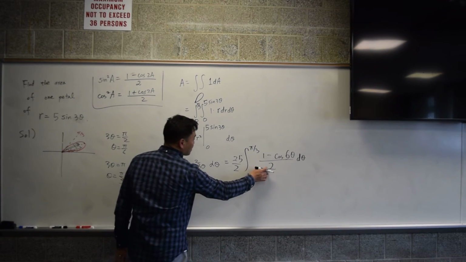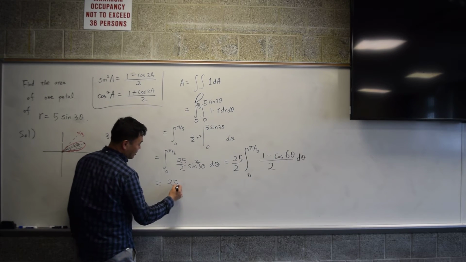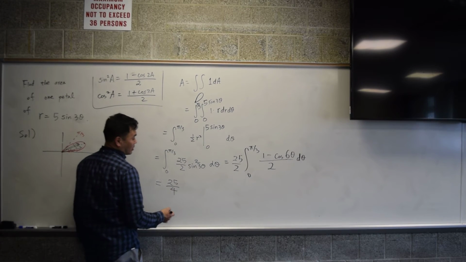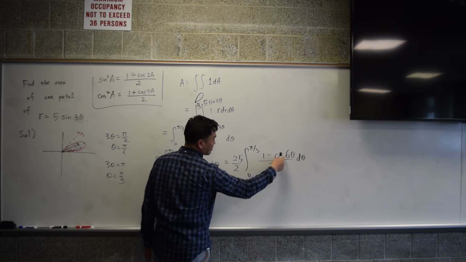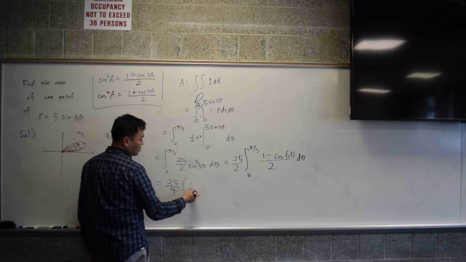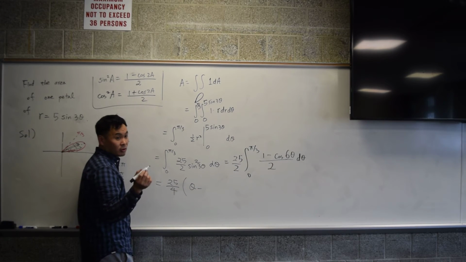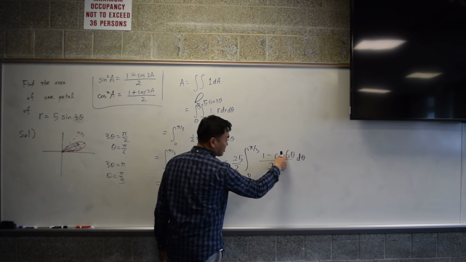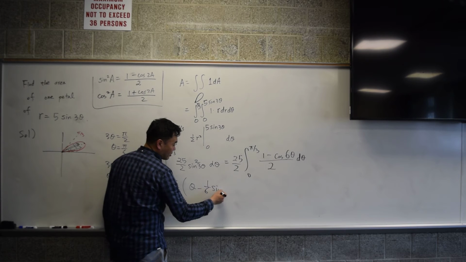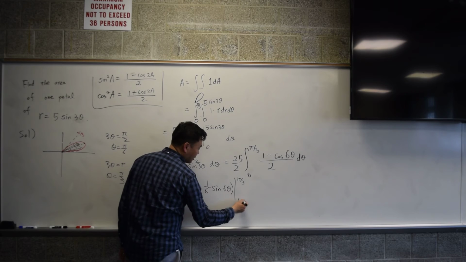All right, so now let's pull the 1/2 out. You just want to move away the numbers so that you can worry about that later. Now I just have to integrate 1 and cosine 6 theta, so let's do the integral. Integrating 1 gives you theta. Integrating cosine gives you sine, but because of the 6 in front of theta, you need 1/6 of sine 6 theta, and you have to plug in pi over 3 and 0.